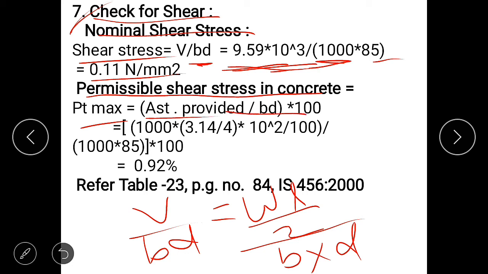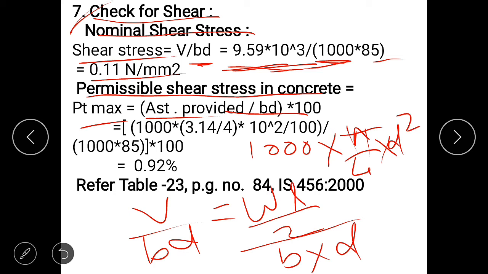The formula for AST provided is 1000 into pi by 4 into d square divided by spacing, which means 1000 into pi by 4 into 10 square, divided by 100.